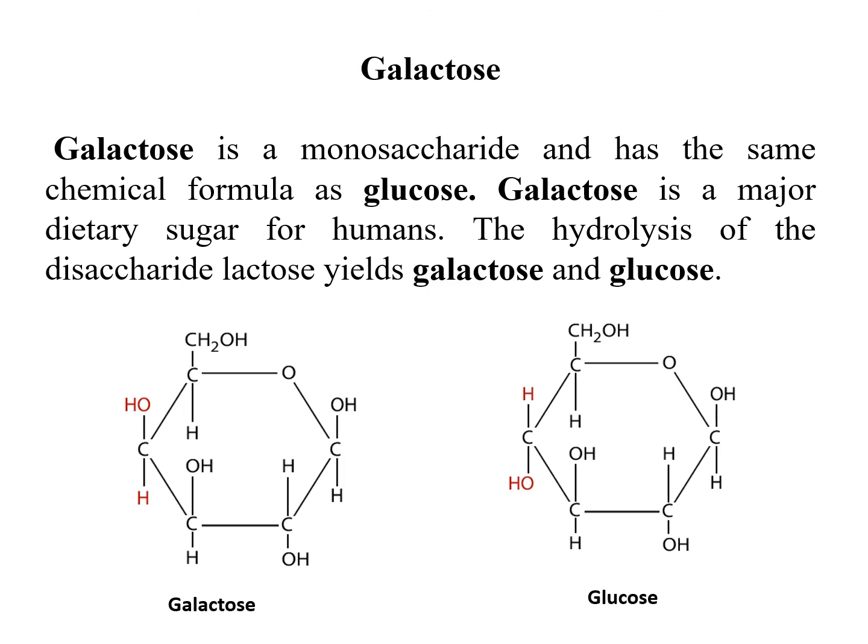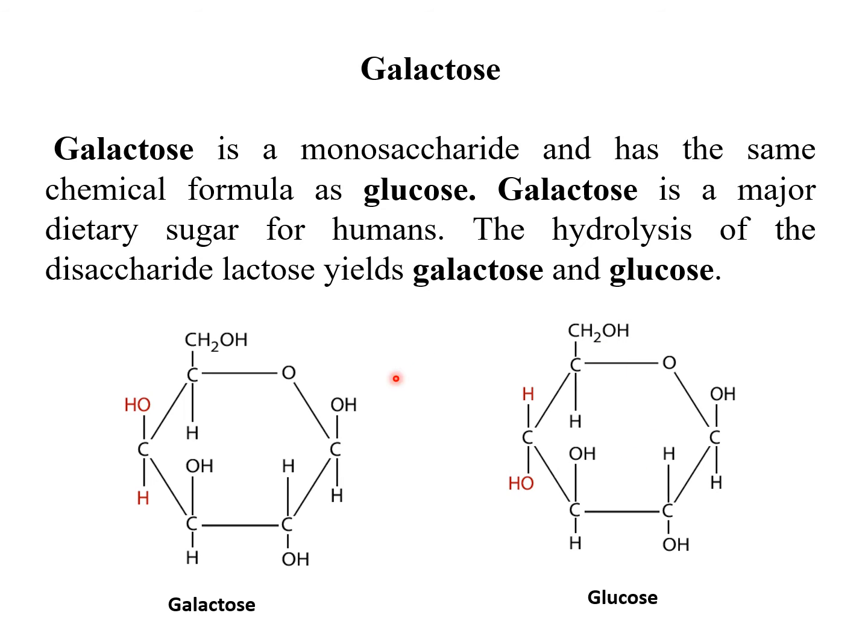Next, galactose. Galactose is a monosaccharide and has the same chemical formula as glucose. Galactose is a major dietary sugar for humans. The hydrolysis of the disaccharide lactose yields galactose and glucose.